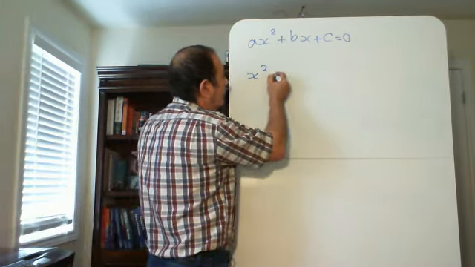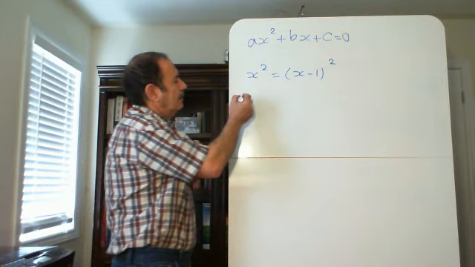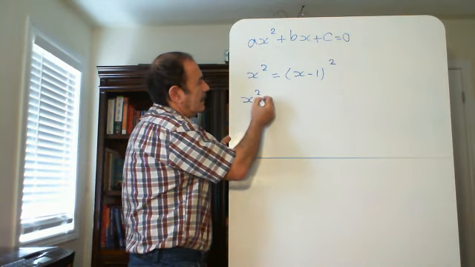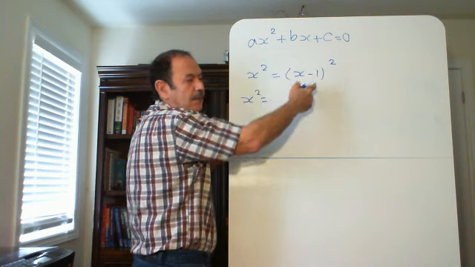Okay? We want to see if this one is a quadratic equation or not. First of all, we have to expand this one. So it's going to be x squared is equal to x minus 1 to the power of 2.